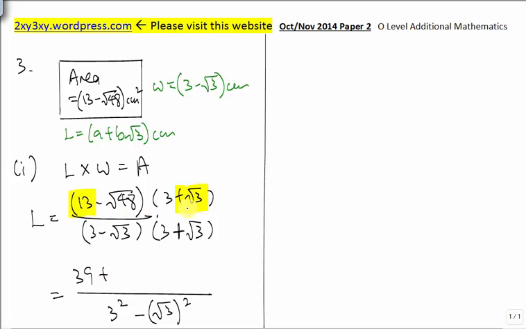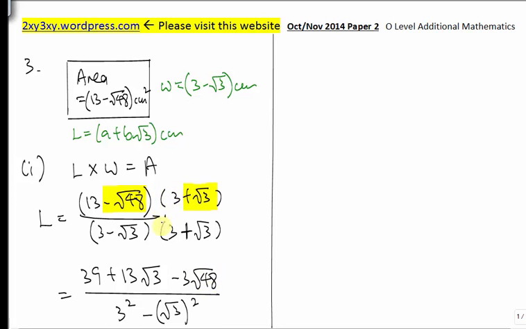13 multiplied by square root of 3 will be 13, then we put the square root of 3 here. This term multiplied by this will be negative 3 square root of 48. Now the square root of 48 can be simplified further.